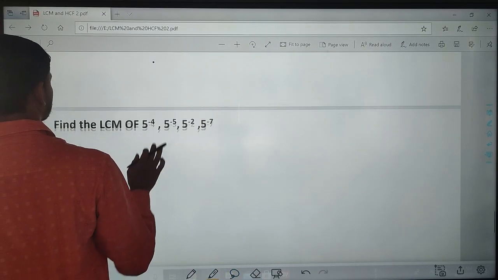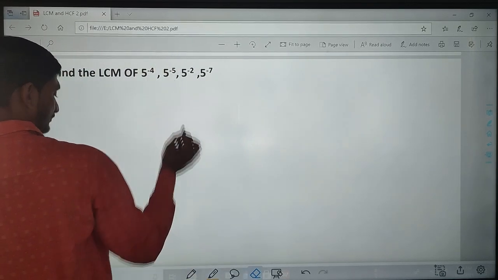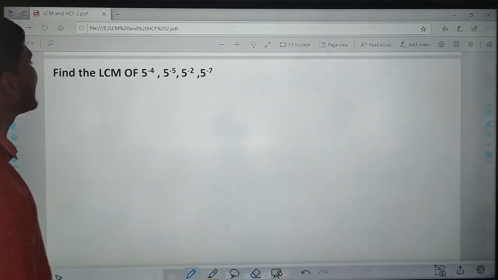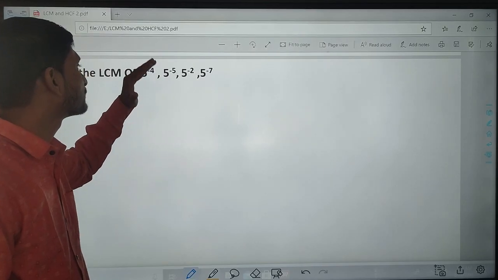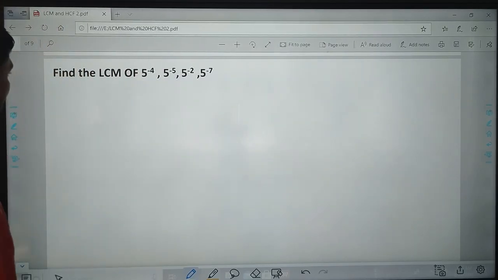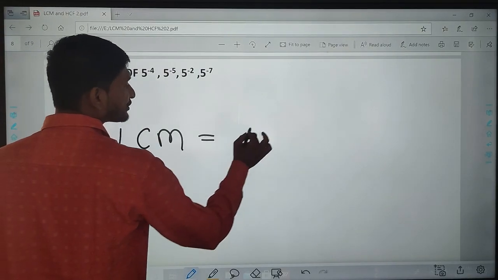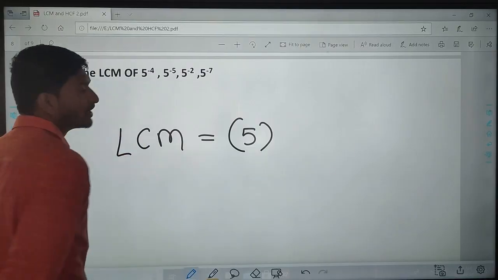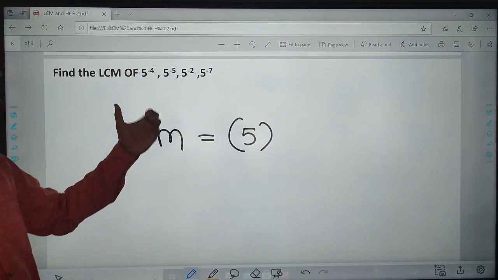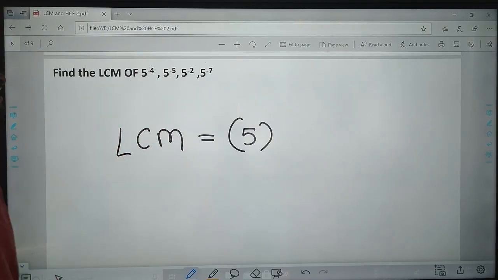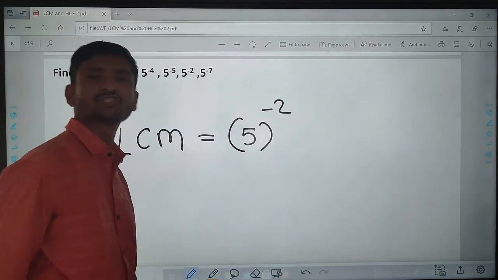Now next. Here find the LCM of 5 raised to minus 4, 5 raised to minus 5, 5 raised to minus 2, 5 raised to minus 7. For LCM your base is 5. And for LCM we take the smallest degree. If the degree is negative, then we take the smallest degree, that is minus 2.